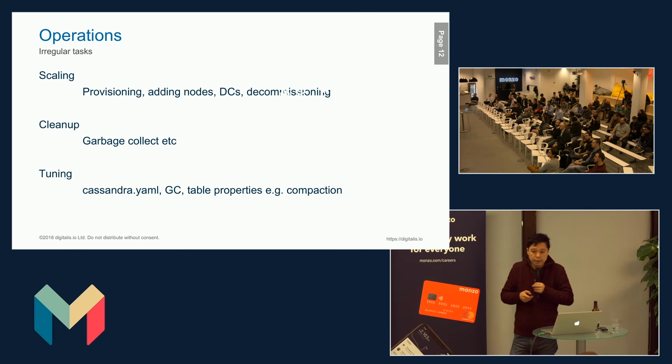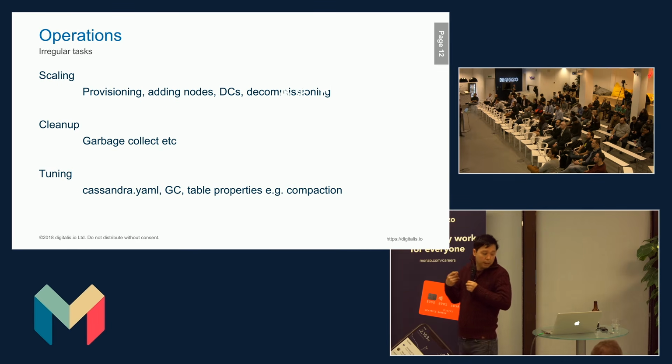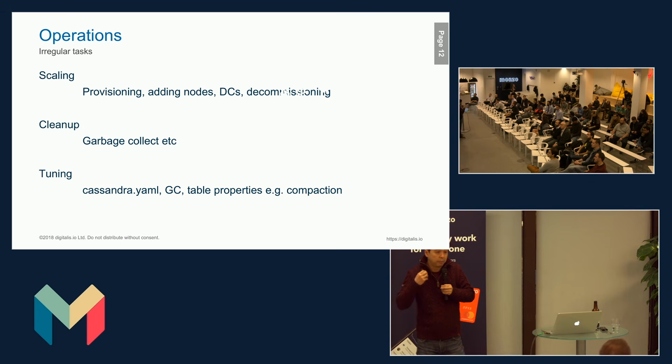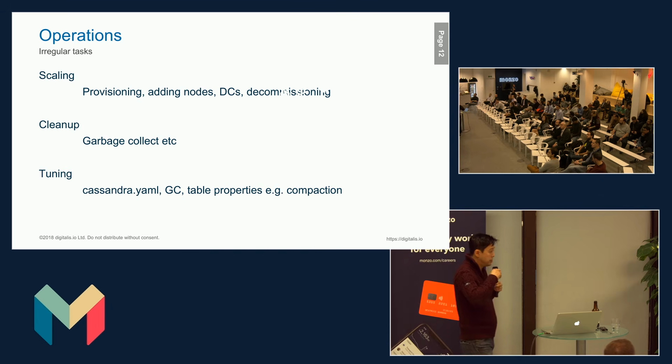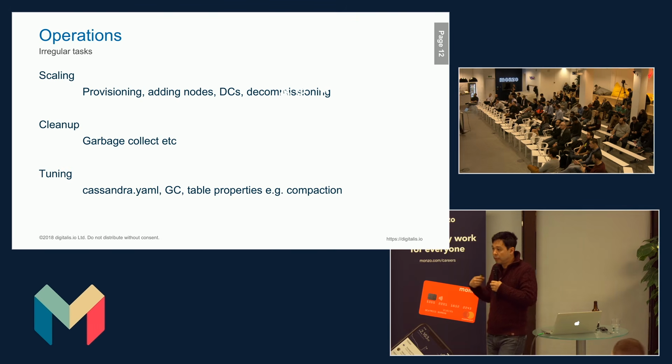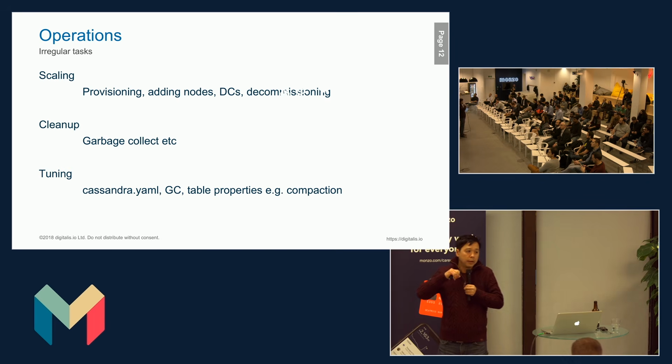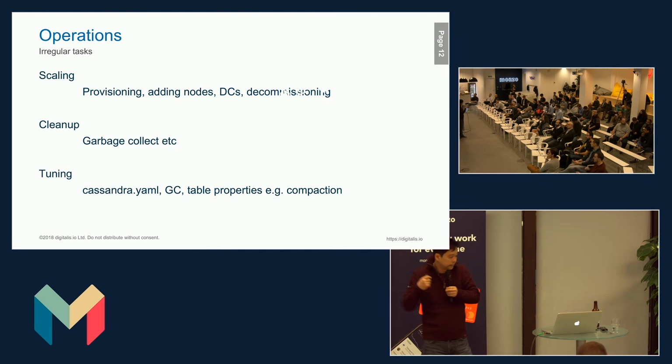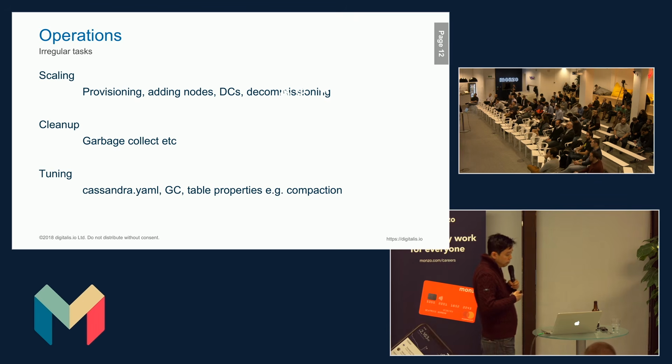Some irregular tasks. Scaling, so provisioning new nodes, adding new nodes, new data centers, decommissioning, cleanup operations like garbage collect, nodetool cleanup, a number of cleanup operations you do around your data. Tuning.